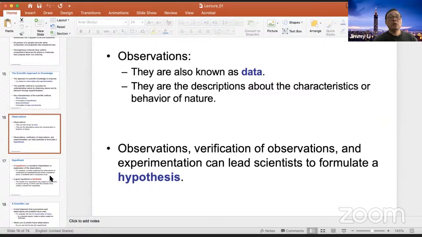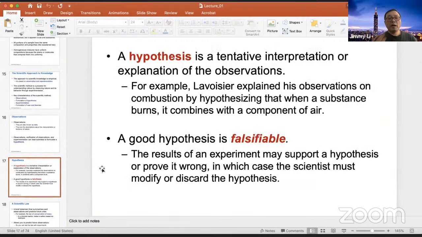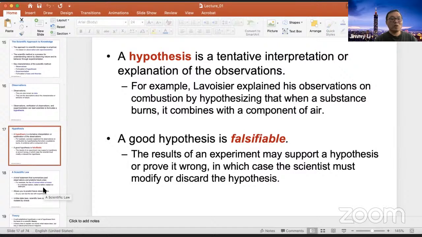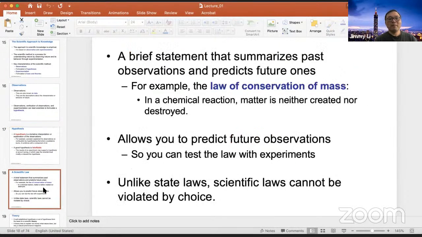Hypothesis: whenever you make a hypothesis, it doesn't mean your hypothesis or guess always works or is right. It could be false, and you're going to redesign that. You need to modify it, or sometimes you need to discard it as well. So don't think that it always works.